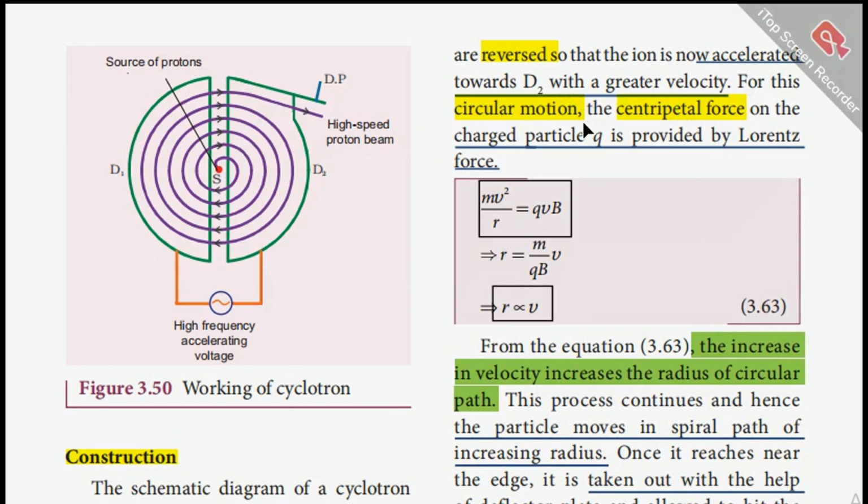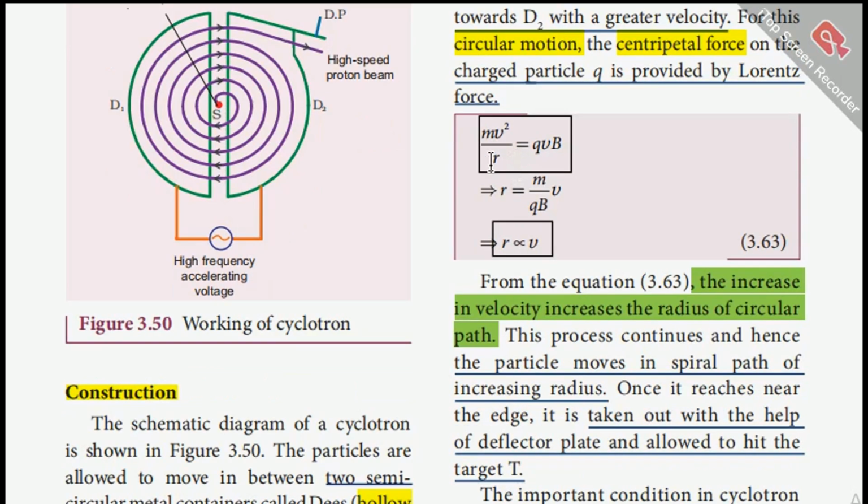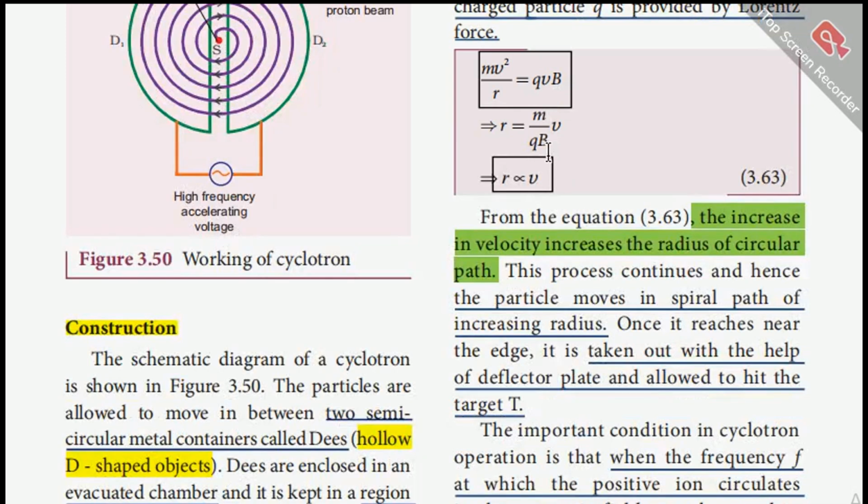For this circular motion, the centripetal force on the charged particle q is provided by the Lorentz force. So the expression for the centripetal force, mv squared by r, will be equal to the magnetic force qvB. From this we can find the radius of the circular path taken by the particle. It is given by r equal to mv by Bq.